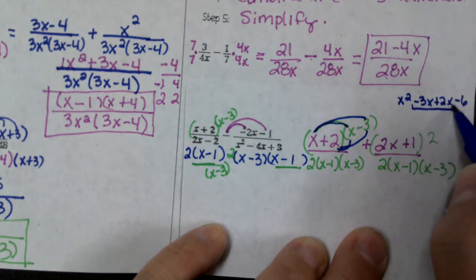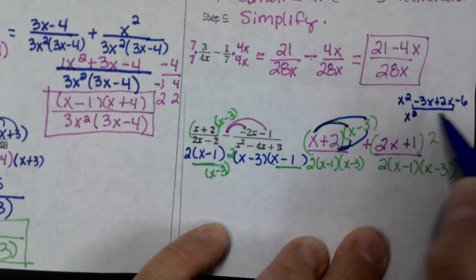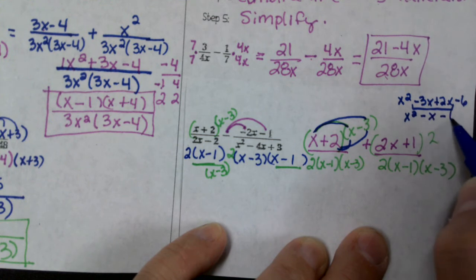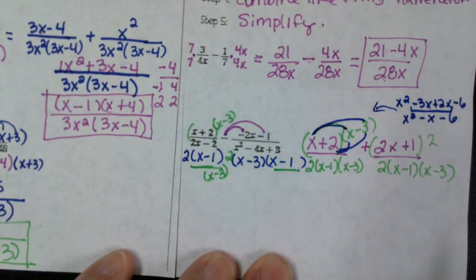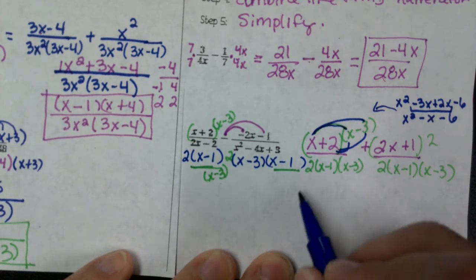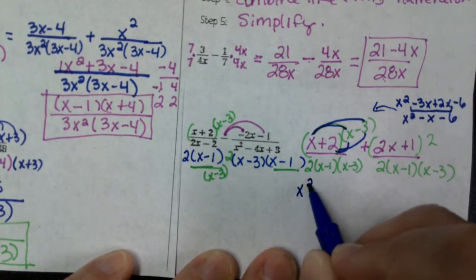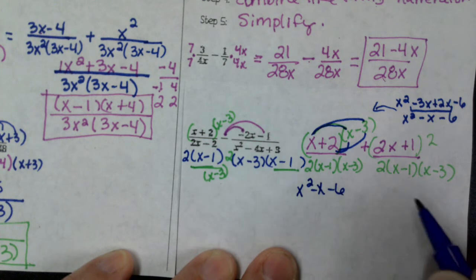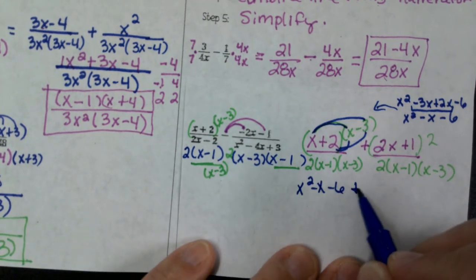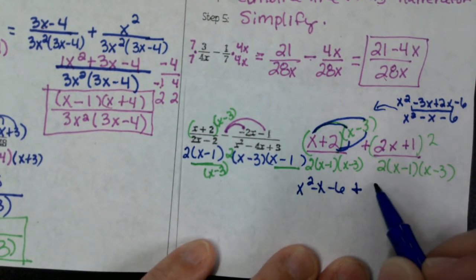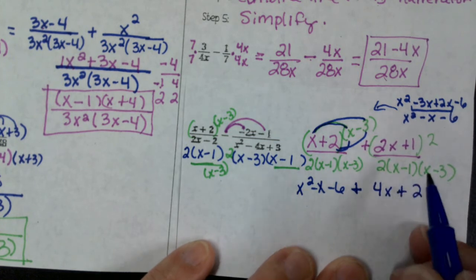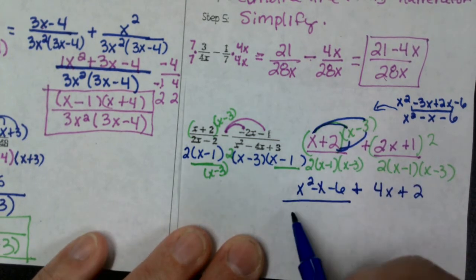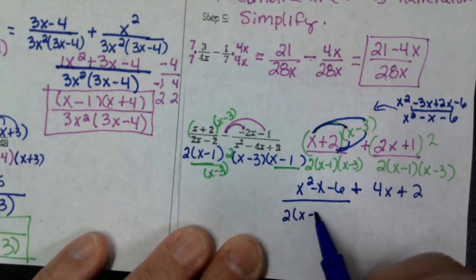When I combine my like terms, I get x squared minus x minus 6. So that is my new numerator. All right, so it's x squared minus x minus 6 plus 2 times 2x is 4x, 2 times 1 is 2, and it's all over my common denominator.